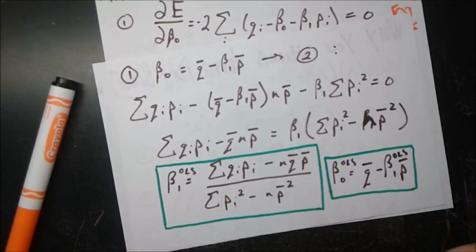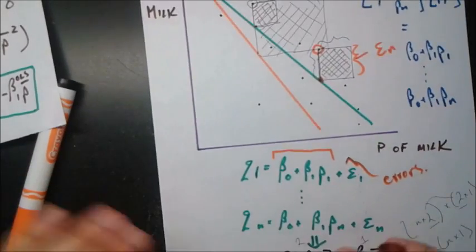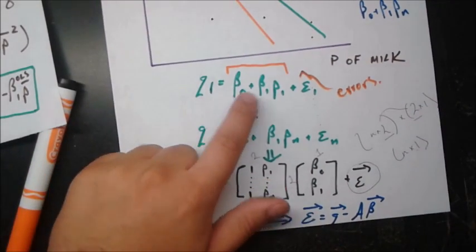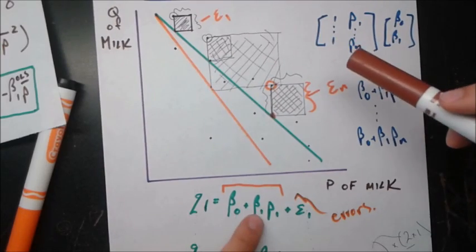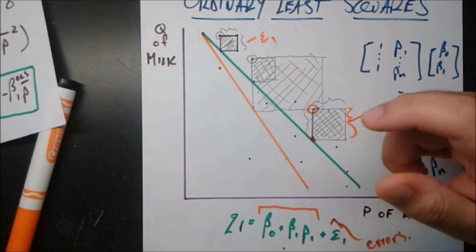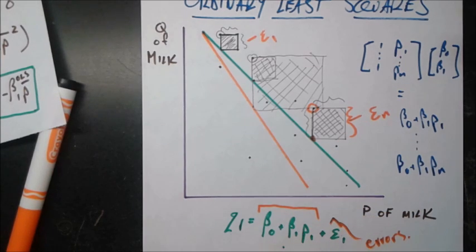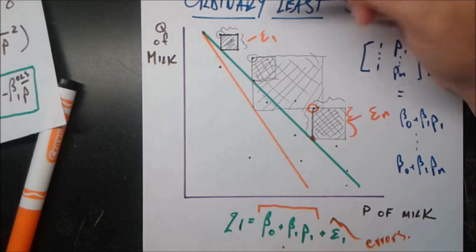Now why is that OLS there? Why did I suddenly write the OLS? Well, this is going to come into play when we talk about the other kind of regressions we're doing, because beta naught and beta 1 are subject to the kind of procedure we're using. In this case, we wanted to find them such that we're minimizing the sum of the squares. What if we had a different strategy? It's an equally valid strategy. What if instead of trying to minimize the sum of the squares, we're trying to minimize the absolute value of the error?